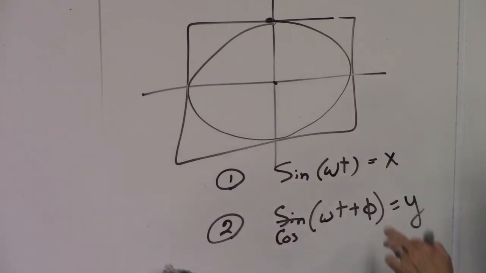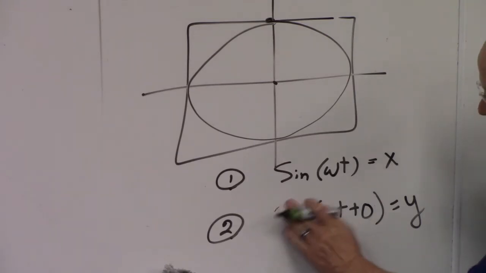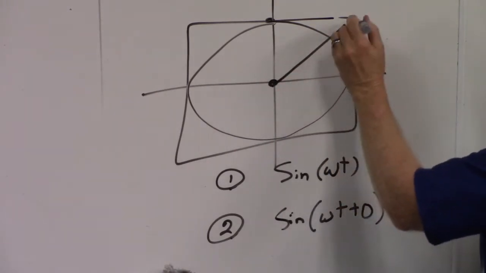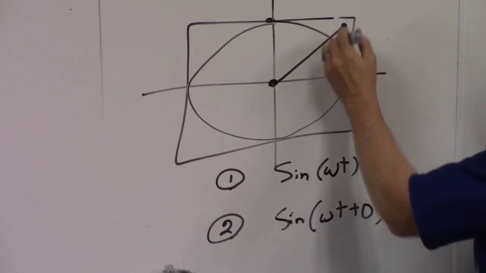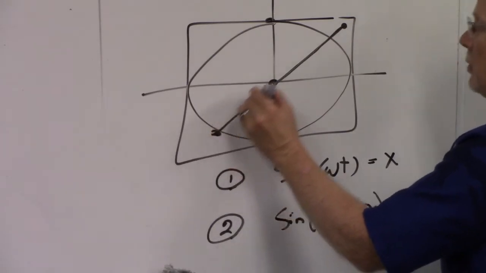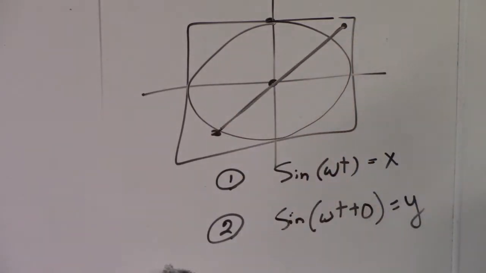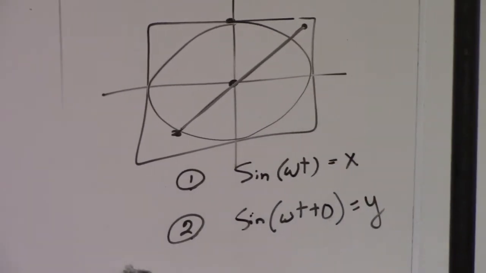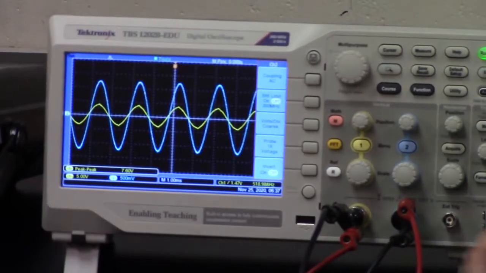Okay? But if they are in phase, and there's no difference between them, then they would each start at 0, they would each go up, they would each peak at their maximum, then they would go back and go negative, and you'd get a nice straight line. And that's really easy to see with your eyes. And so we're going to take advantage of the Lissajous figures that we did 2 weeks ago and find out when the XY mode becomes a nice straight line.